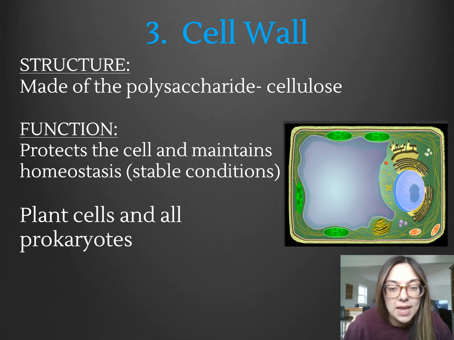Homeostasis is stable conditions in the cell. Okay, so it's going to be a more protective barrier where we can keep water in the cell and it prevents anything from coming out of the cell that we don't want to. Okay, cell wall is found in plant cells and all prokaryotes. So it's found in bacteria, it's found in archaea.